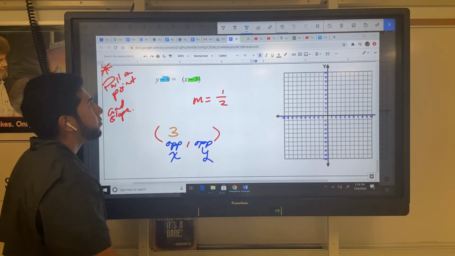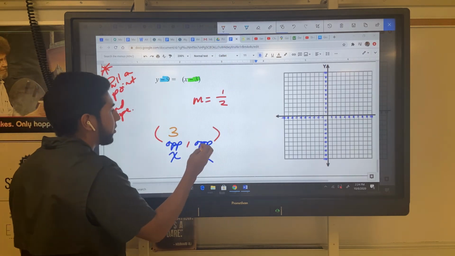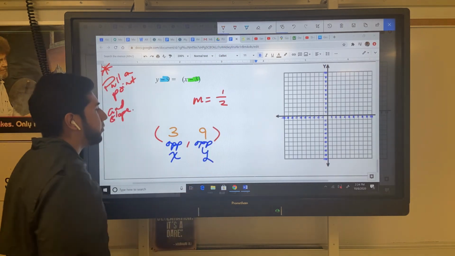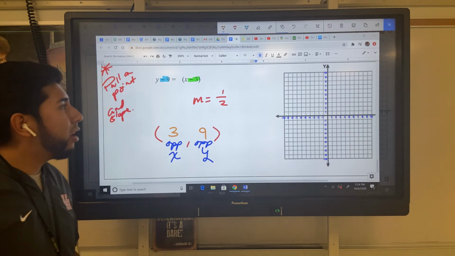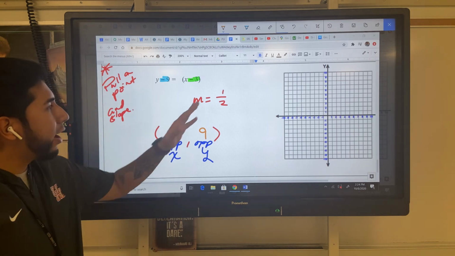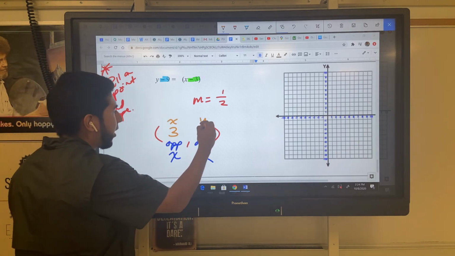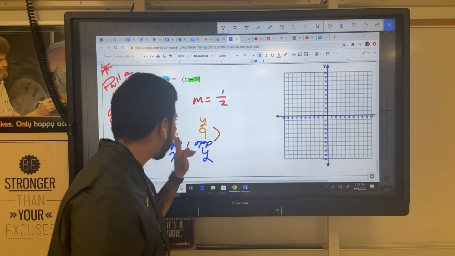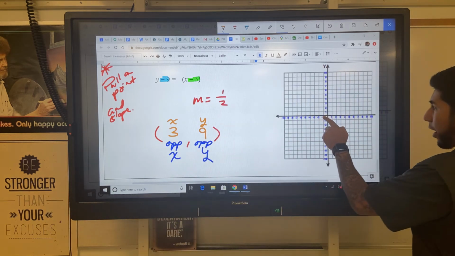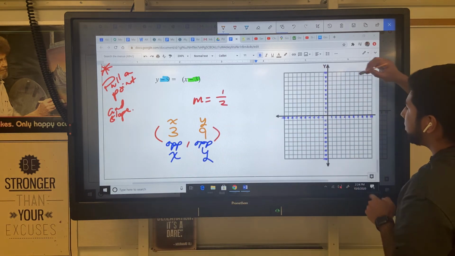It's my 9. When I bring it out, it's going to be +9. And now I can do this. Now I can graph this point. This point is my x and my y value. So we go onto the graph 3, 9. Come to the graph 3, 9.